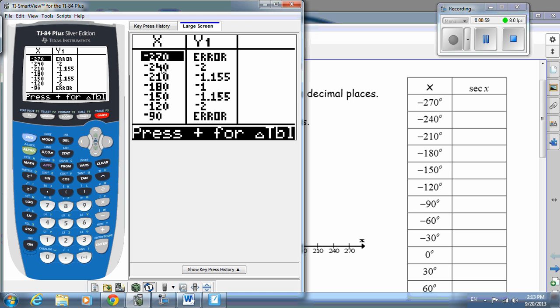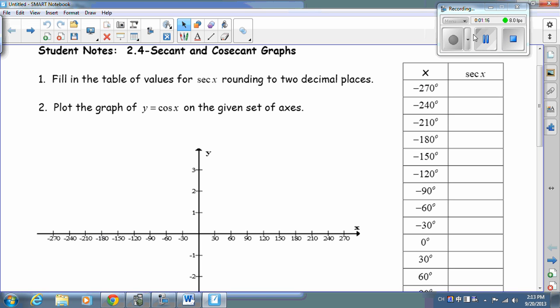On your table, you will have negative 270, you will have an error, just like we did on our tangent graph. Wherever it says error, that tells me that we have an asymptote. And not only that, instead of error, you should write undefined. So on my worksheet, here I will write undefined.